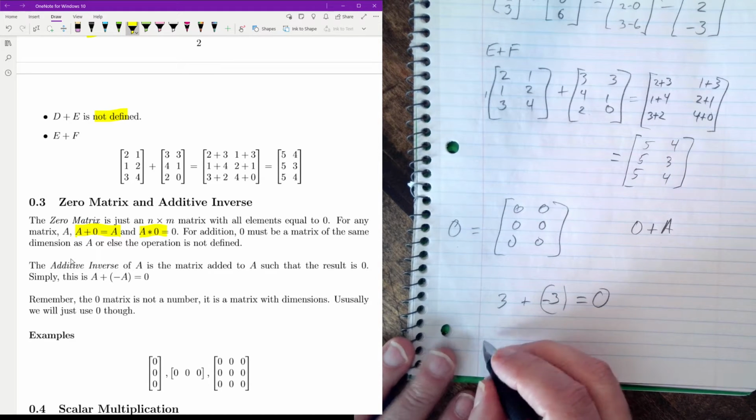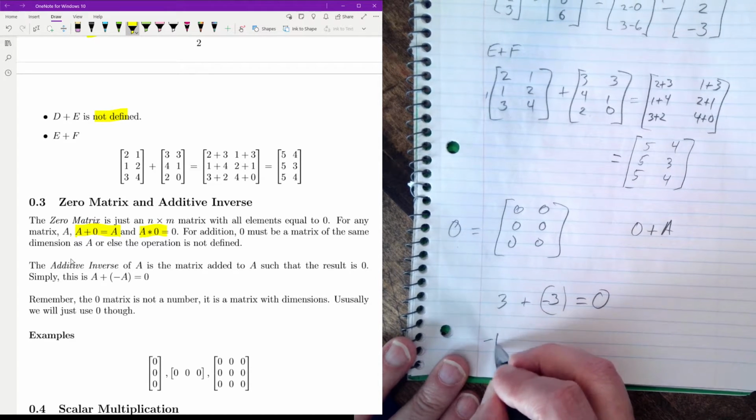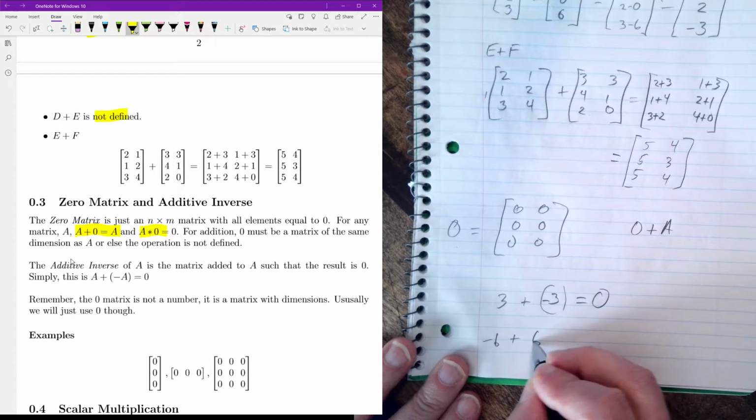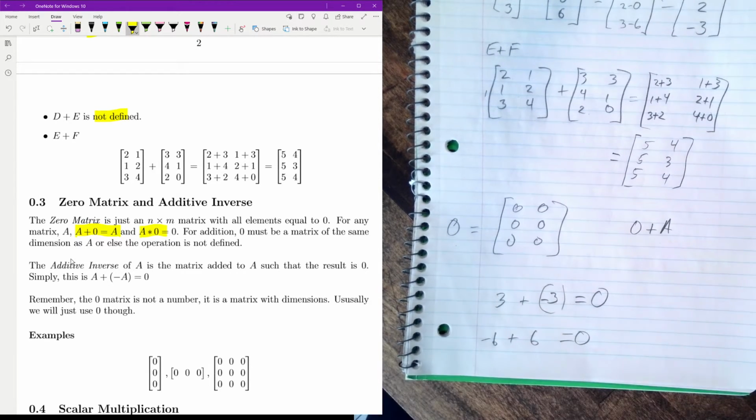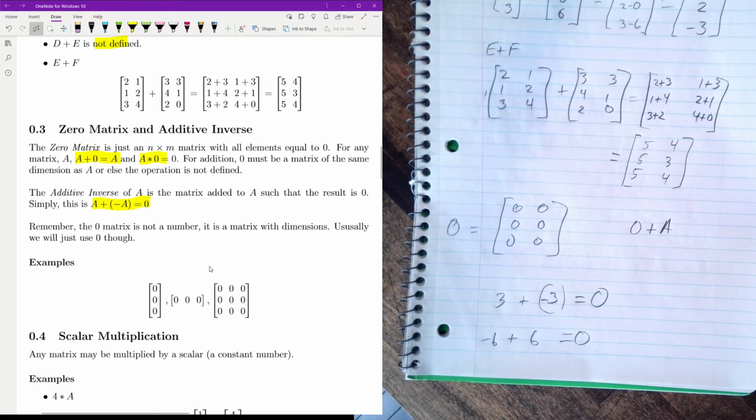The additive inverse of the number minus 6 is 6, because this gives you 0. This is the same type of result in matrices. We just call it an additive inverse, and it's the negative of the matrix that we start with. It's a pretty straightforward approach. I mentioned examples of matrices. That's what we're indicating right here. Zeros in every element is equal to 0. It can be whatever dimension that you need it to be.